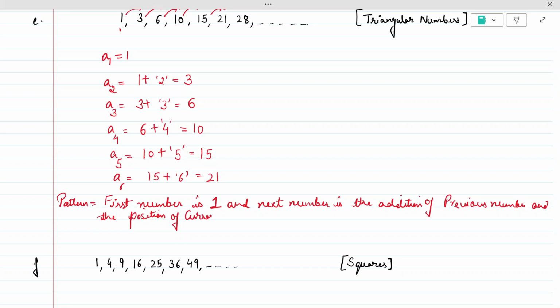I'm writing here the number which we are writing. Okay, so this is how it will work.